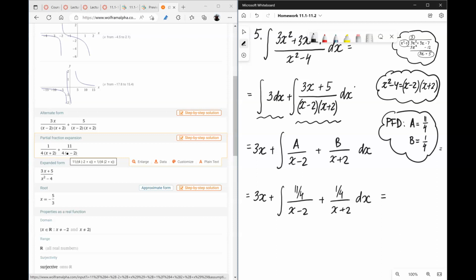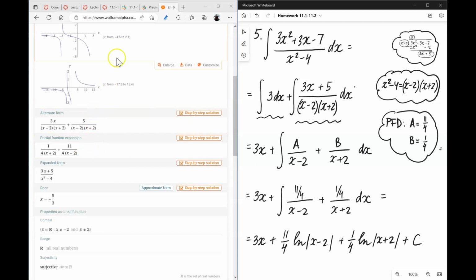And these are very simple integrals. You can do them by simple linear substitution. I'm just going to write the answer. And that's it, right?